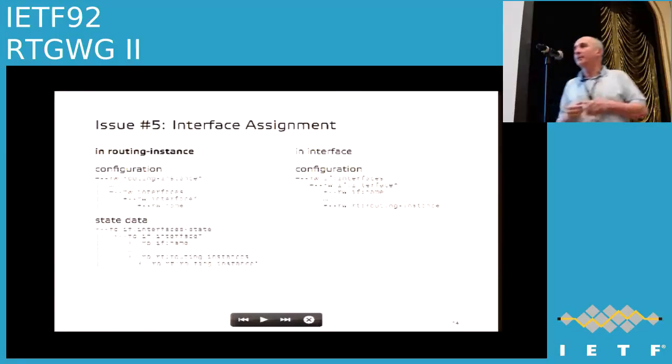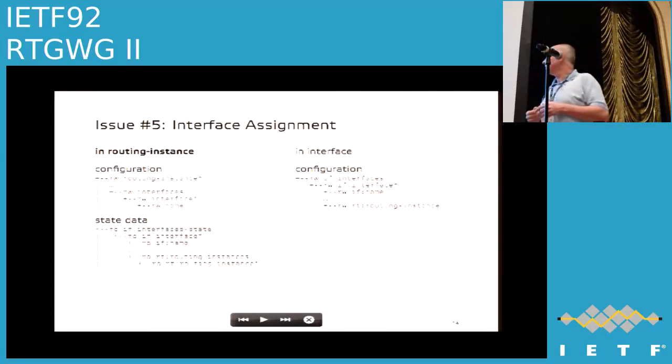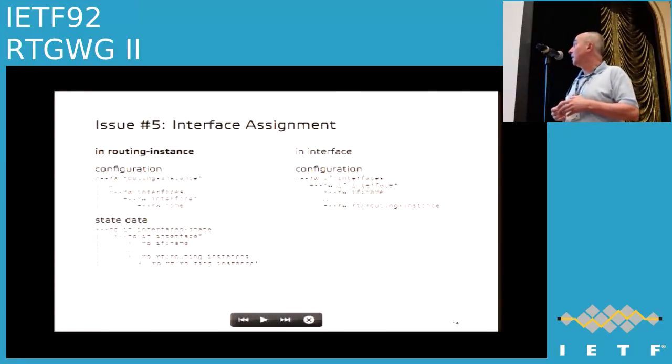But again, the decision by the NetMod working group was to use a different organization, namely to configure these assignments by augmenting the interface data model. I think these are the most important items.